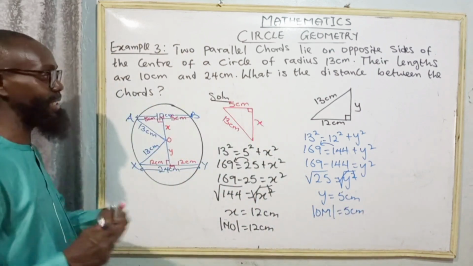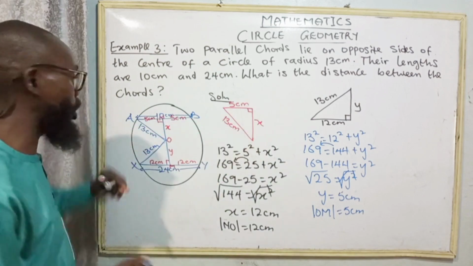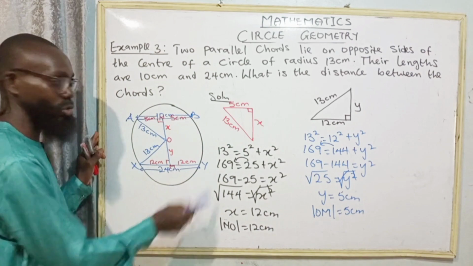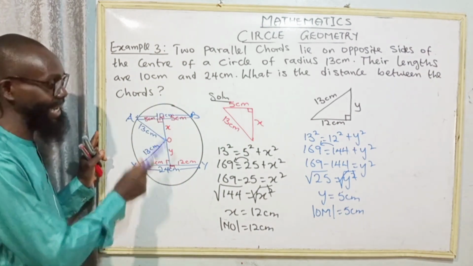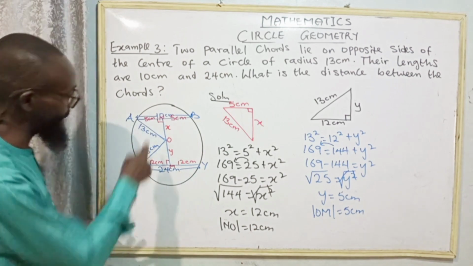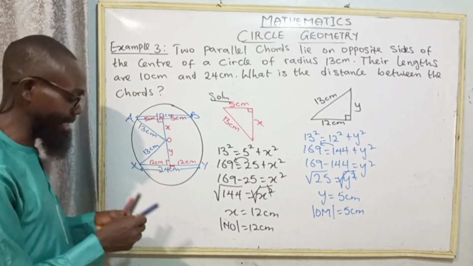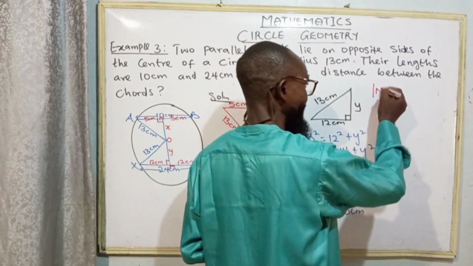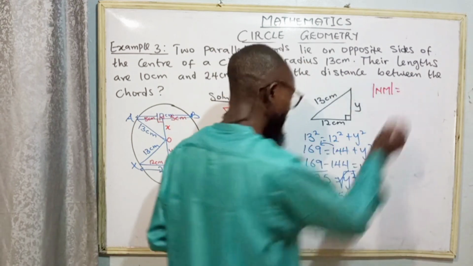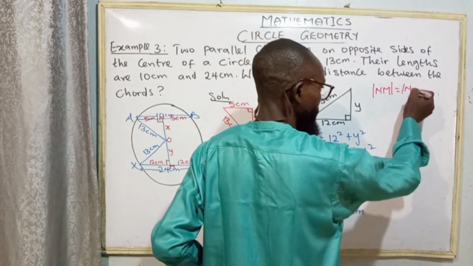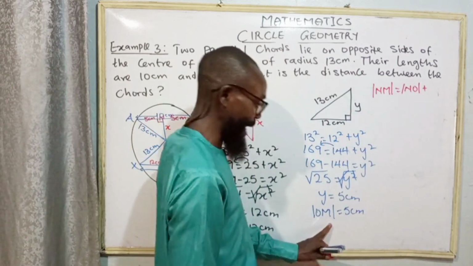But the question says, what is the distance between the chords? This is the first chord and the second chord. So the distance between the chords will be the addition of x and y. So the distance between the chords, which is line NM, will equal the answer we got here, line NO, plus line OM.